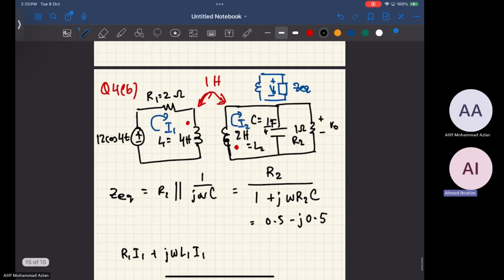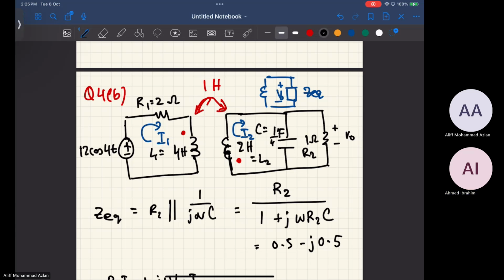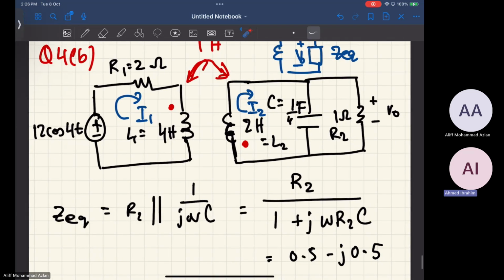Now we're going to have another voltage drop at this inductor due to the current that's going here into this inductor. So essentially, the current that enters this dot is going to induce a voltage with positive polarity at the dot of the other inductor.